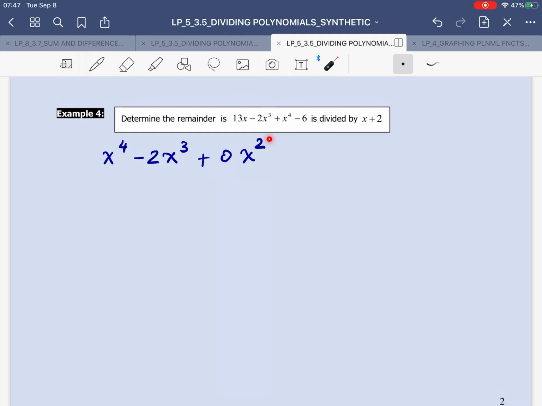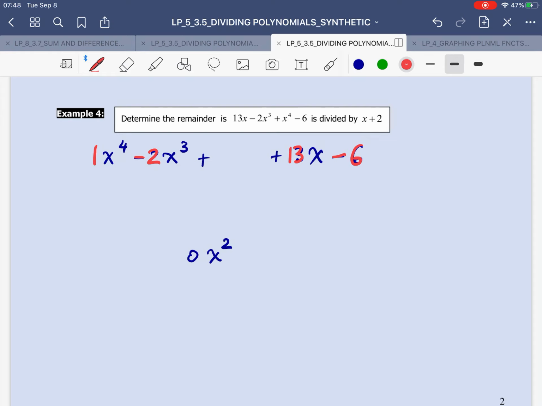And if we miss a coefficient, then the method itself will think that the next coefficient, which is 13x, will be the coefficient of x squared. Okay, so the next term would be the constant one. What I'm trying to say is that if we did not list this term, then remember that in synthetic division, we only see the coefficients, which are 1, negative 2, 13, and negative 6.